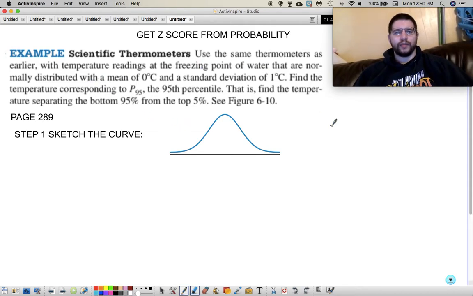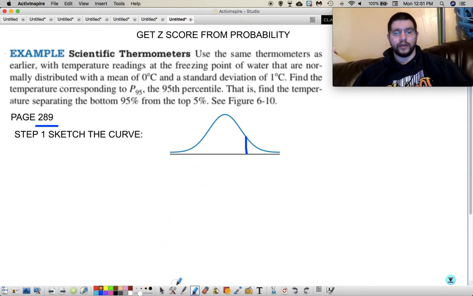So use the same thermometers as before. This is page 289, by the way. Find the temperature corresponding to the 95th percentile. That's 95%. And so if we look at that, it's going to be right here. So we're looking for the probability.